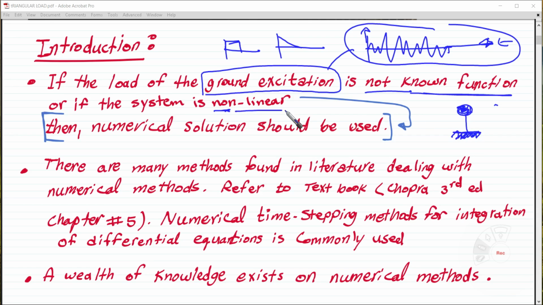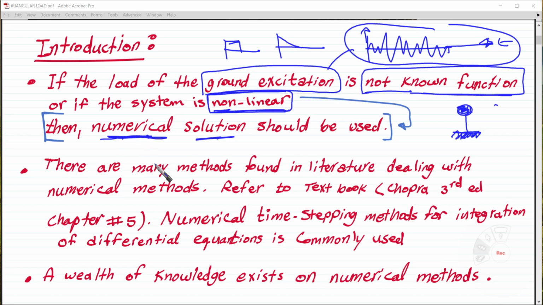But now, if we are dealing with a nonlinear system, or if we have a ground excitation that is not having a known function pattern, in this case we need to resort to numerical solutions, or numerical solution methods should be used in this case.